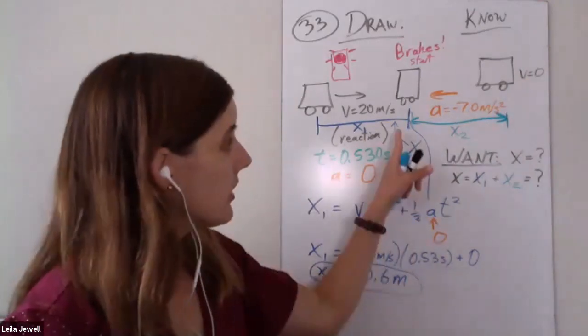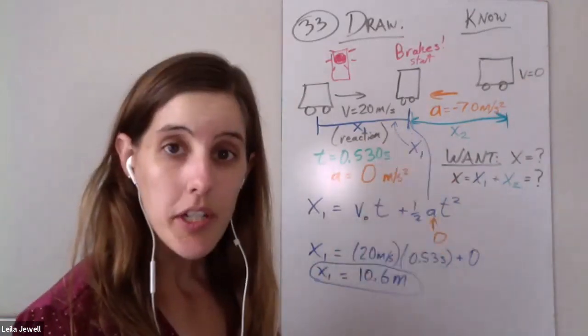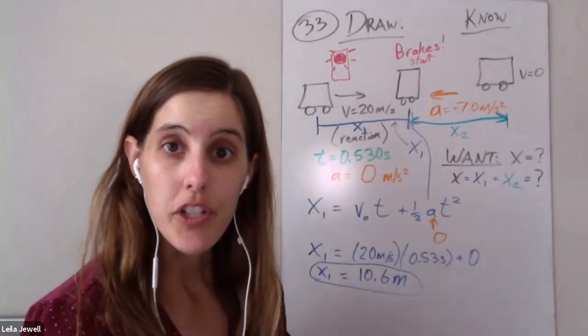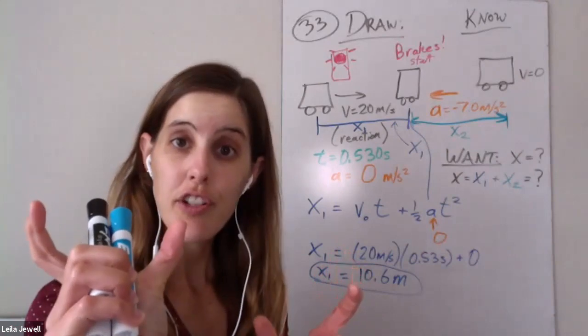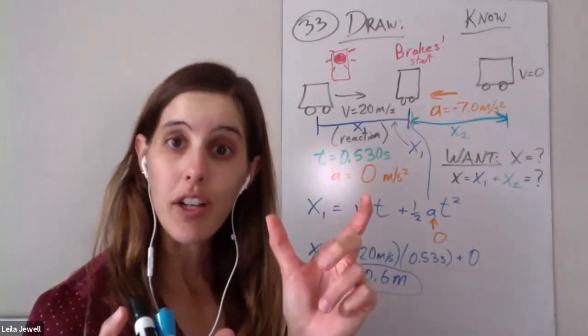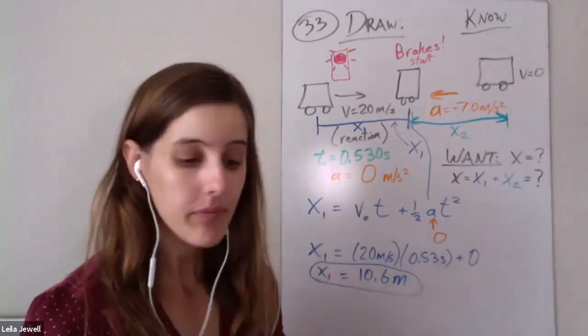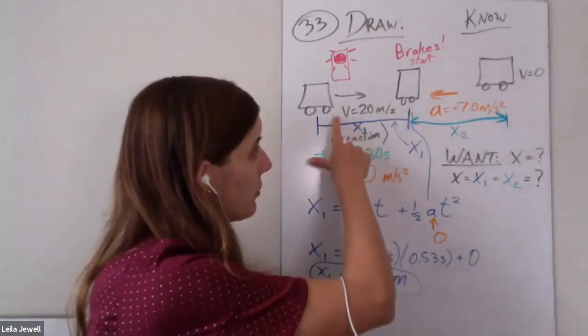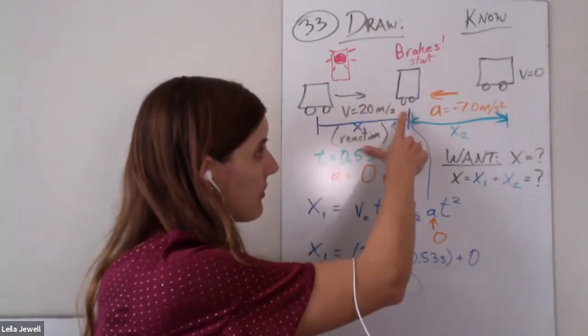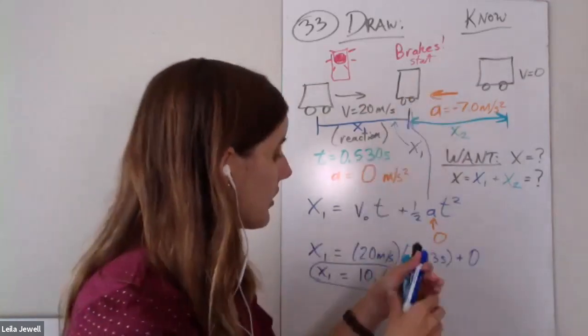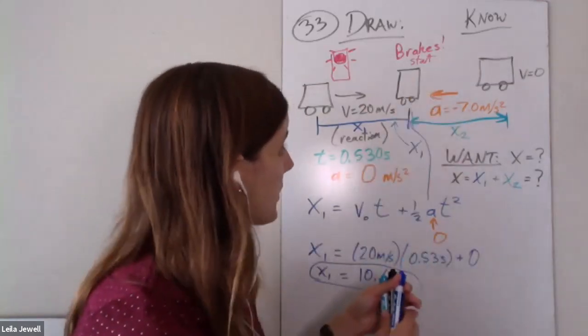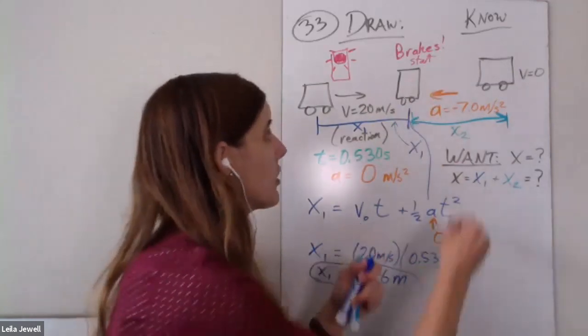And the key is one part of our reasoning strategy that said if you're dealing with motion in segments, remember the final velocity of the first segment is the initial velocity of the second segment. So for this case, when our car was traveling at a constant velocity of 20 meters per second, the final velocity right at this point is still going to be 20 meters per second.